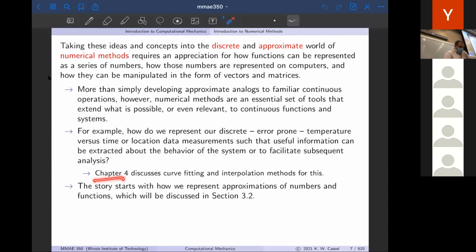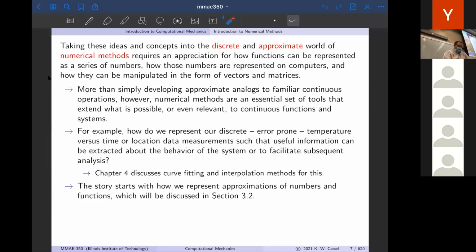Chapter 4 will discuss curve fitting and interpolation methods, and that will turn our discrete functions, which is a set of discrete data, into approximate continuous functions. That's curve fitting. And that allows us to do interpolation in between. So if I measured the temperature here and here, here and here, but I really want it here, how do I get it here from those 4 values?